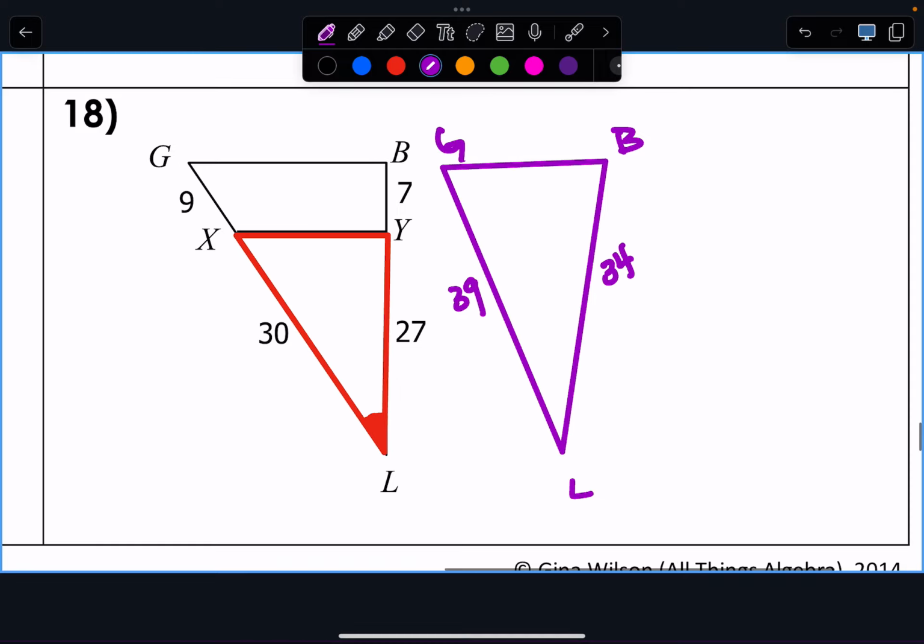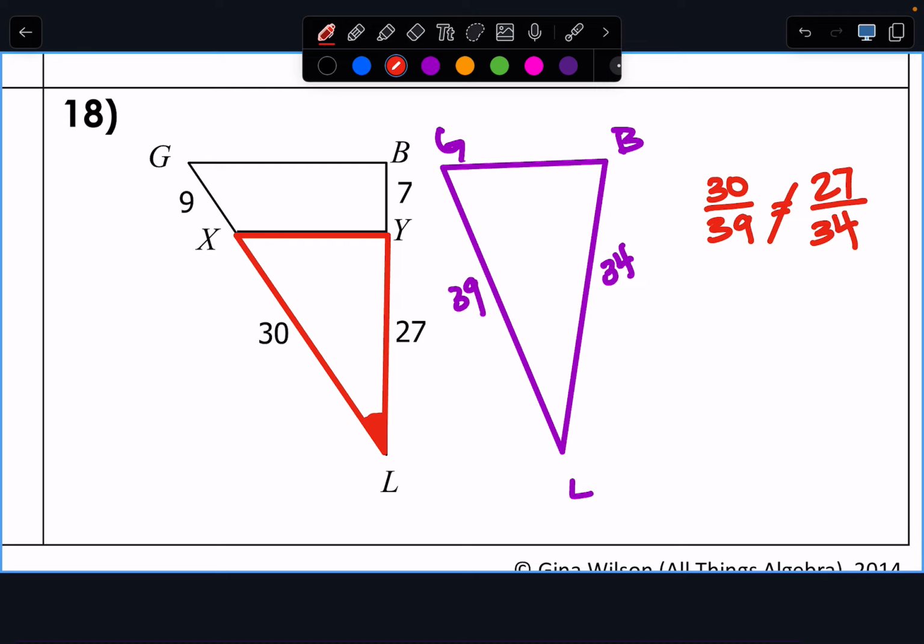Okay. So is 30/39 equivalent to 27/34? Nope.